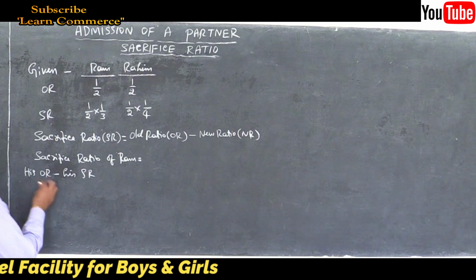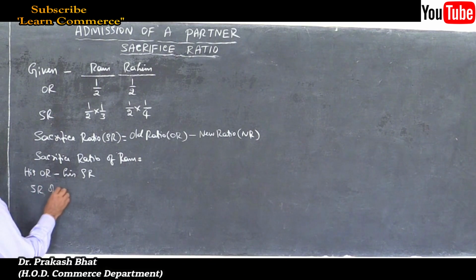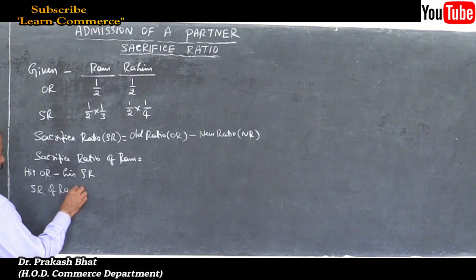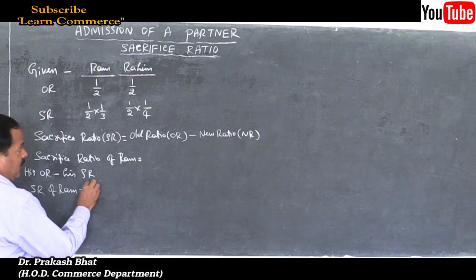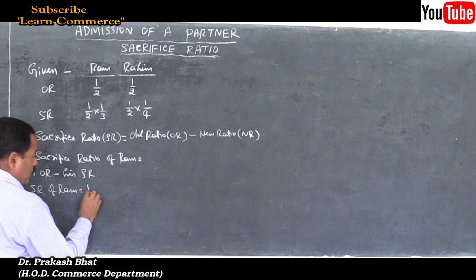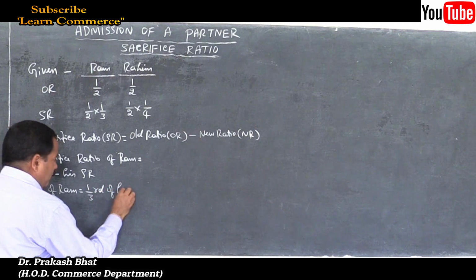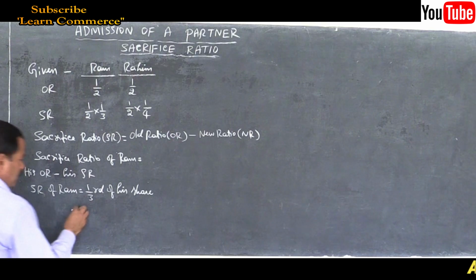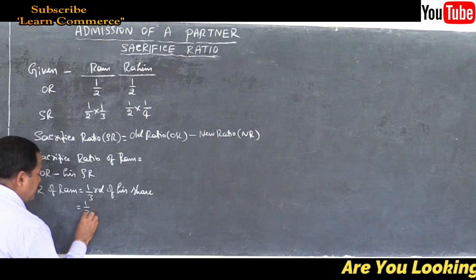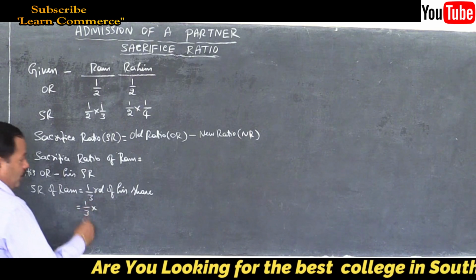Now here, sacrifice ratio of Ram is equal to how much? 1/3 of his share. Is equal to 1/3 of means into, multiplication of his share.